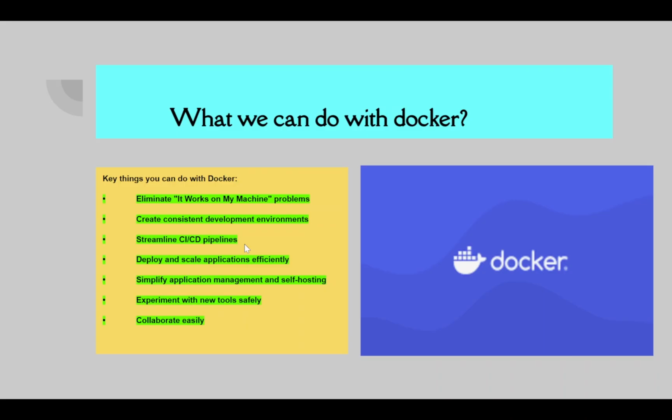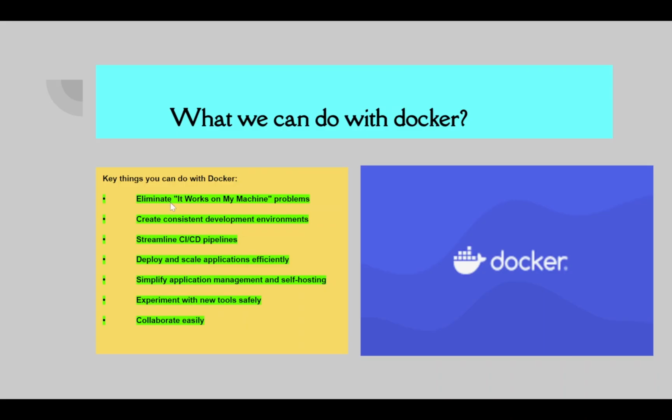This is a very frequently used term: works on my machine, but it's failing on the server. Yes, because you might forget the version number. A simple or silly mistake might fail the entire deployment on the servers.